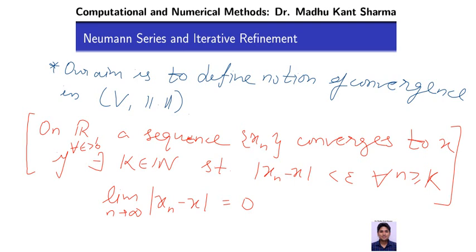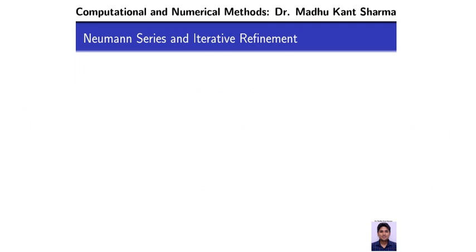So how would you define this in multi-dimensional space, since R is a one-dimensional space? For defining the notion of convergence in a normed linear space V, we assume that V is already associated with a norm.